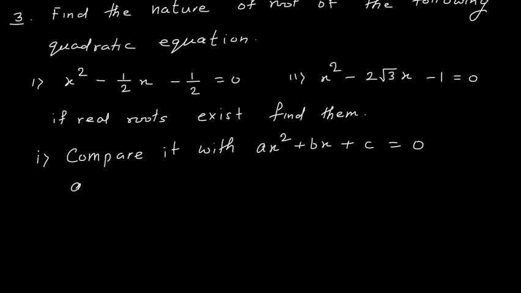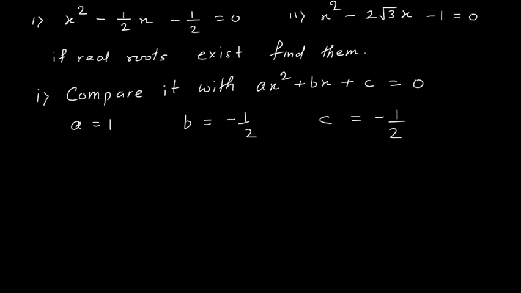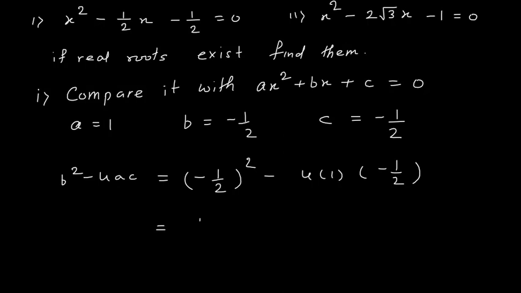We get the value of a as 1, value of b as minus half, value of c as minus half. Now we got a, b, c. Now we find b² - 4ac. So b² means (-1/2)², minus 4 into 1 into c, which is minus half. So we get 1/4, minus minus is plus, 2 2s are, so plus 2.